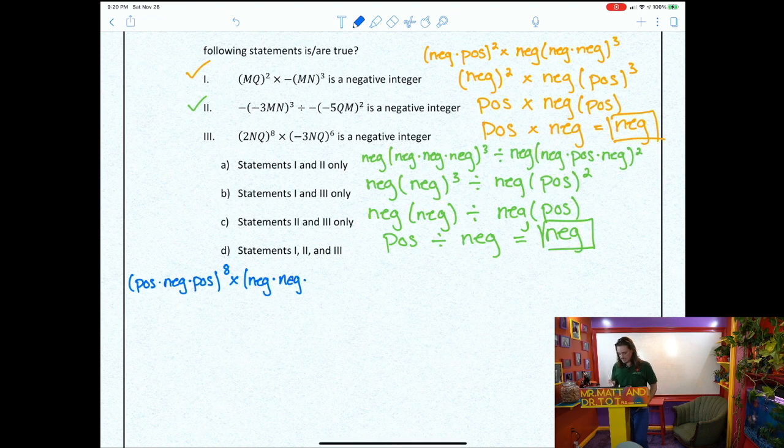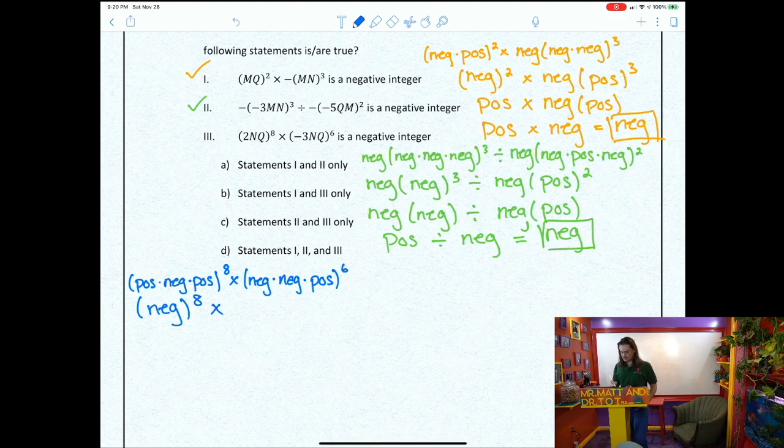So we're going to have a negative number raised to the 8th power. On the right, we're going to have a negative times a positive. That's 2 negatives, so that's going to eliminate and simplify into a positive product. So that's going to be a negative number raised to the 8th power times a positive number raised to the 6th power. But when we exponentiate to an even value, remember that these are going to turn positive.